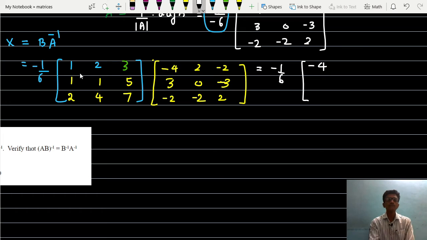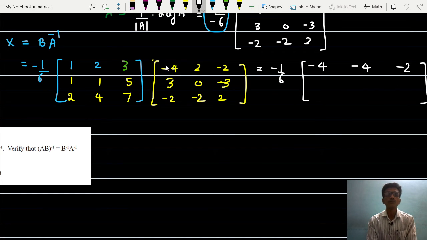Then first row into second column: 2, 0 and -6. So again -4. First row into third column: -2 plus -6, -8 and plus 6. So it is -2.